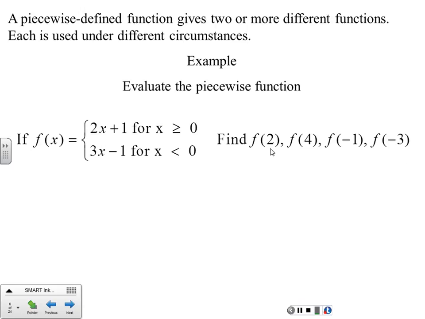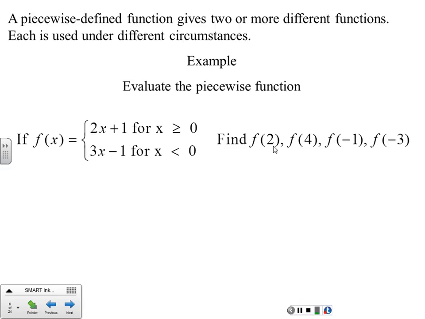Well, I want to plug a 2 in, but I have 2 different valves that I can plug this 2 into, and if I plug it into one, the machine's going to explode, and that's not what we want. But if I plug it into the other one, I'm going to get a good function out. I'm going to get a good range out. Alright? So let's figure out which valve I'm going to plug this 2 into.